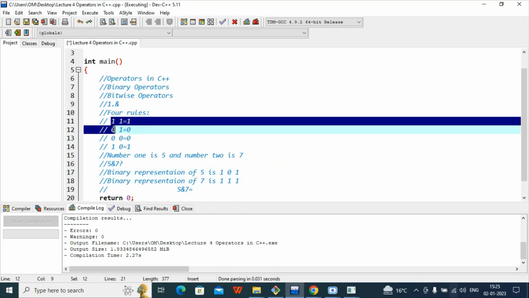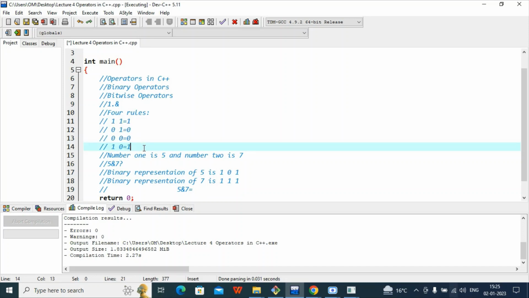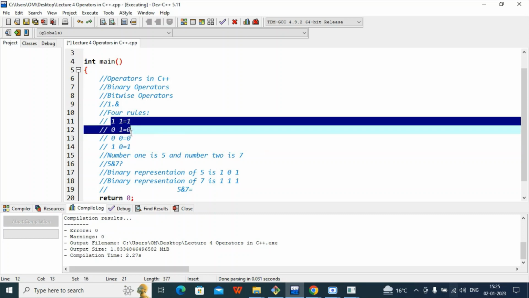Now can you use the table to make out some calculations? I even shortened your work, I reduced your effort. Firstly, I gave you 5 and 7. Now I have written the binary representation of these numbers and am asking you to calculate the output using this table, the 4 rules.